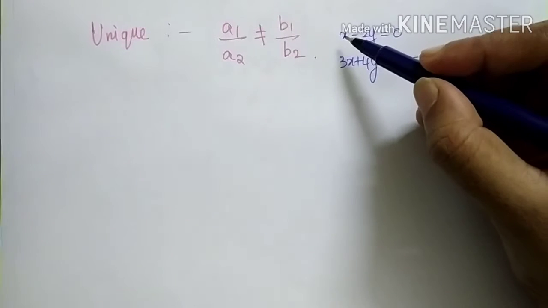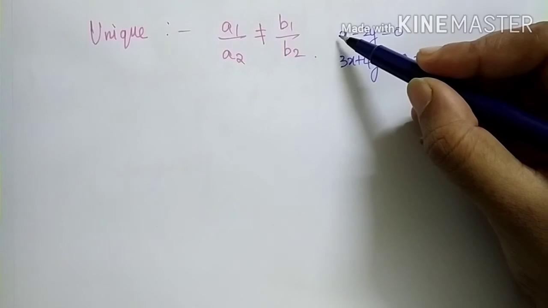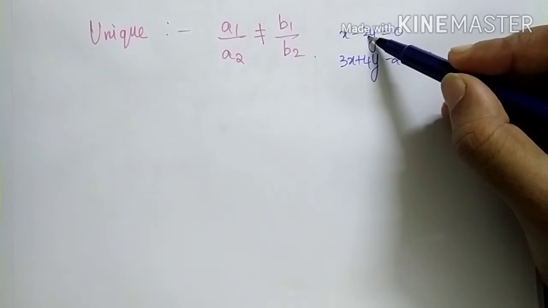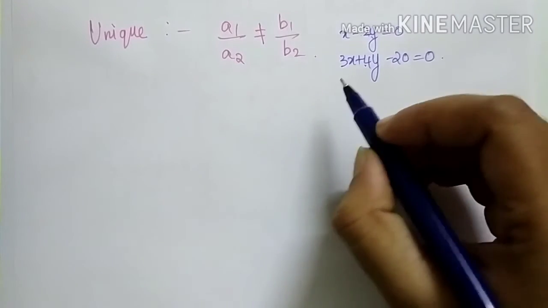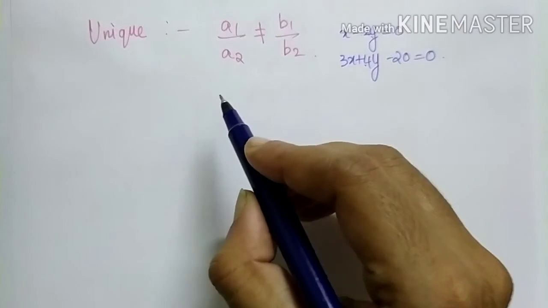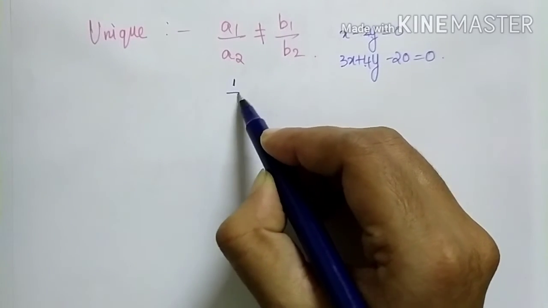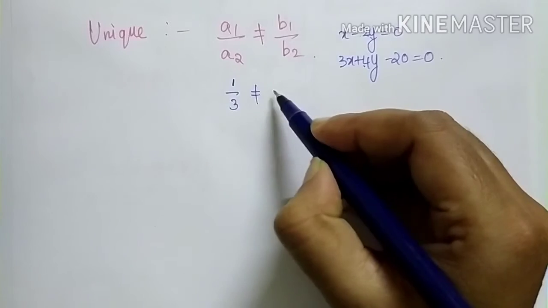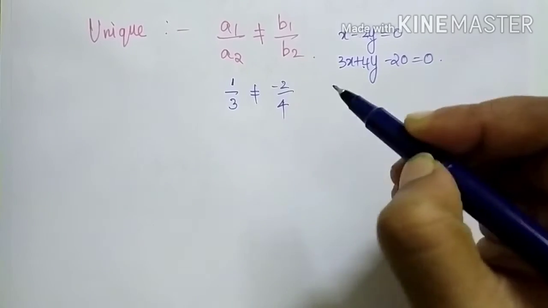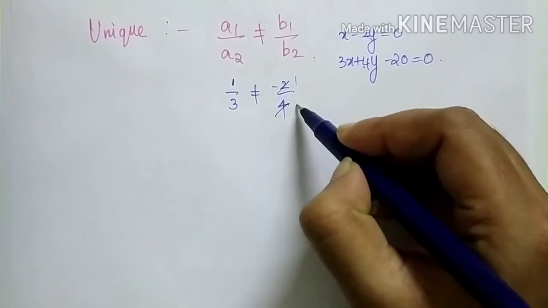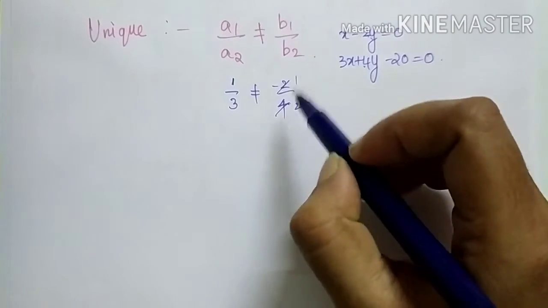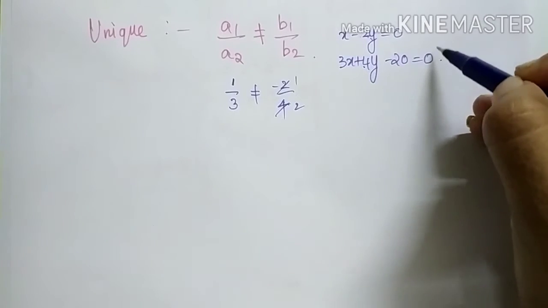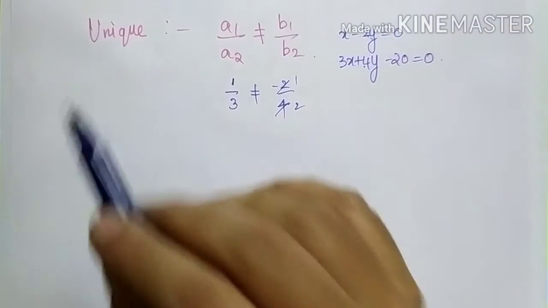In this case, a1 and a2 are 1 and 3, and b1 and b2 are minus 2 and 4. If you apply this, you will get 1 by 3, which is not equal to minus 2 by 4, which if you cancel is minus 1 by 2. Both these values are not equal, so this is a system which has unique solution.